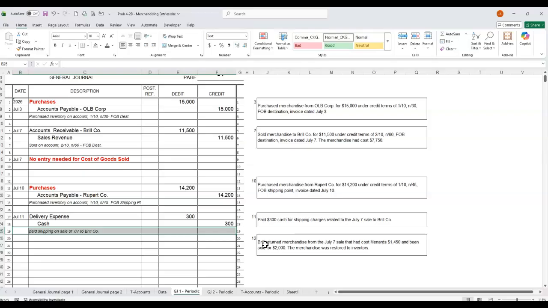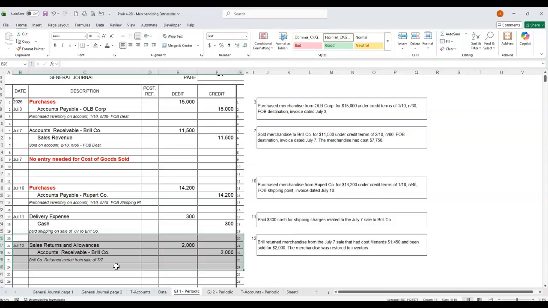And finally, Brill returns some merchandise to us from the sale of July the 7th. So here's the sale to them on July the 7th. They returned some stuff to us on the 12th, 5 days later. The cost of the merchandise was $1,450 when we sold it, and we sold it for $2,000.